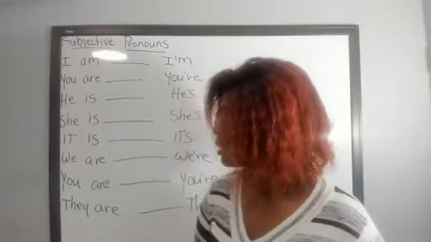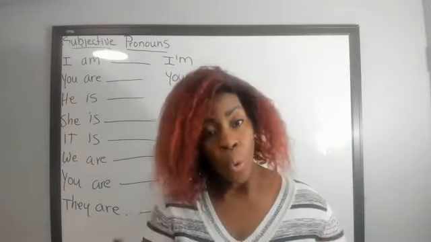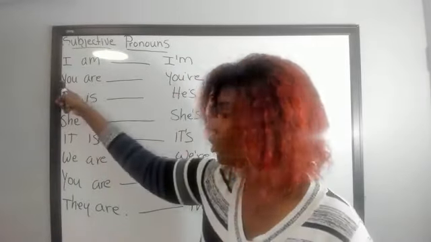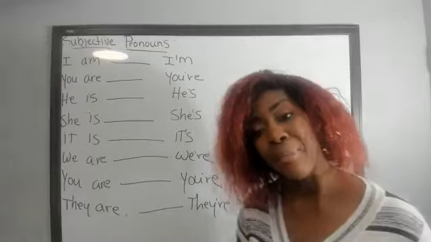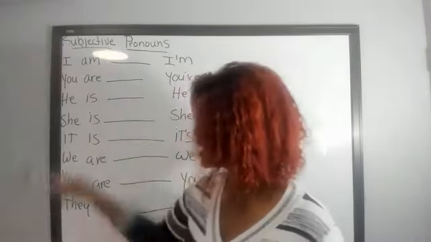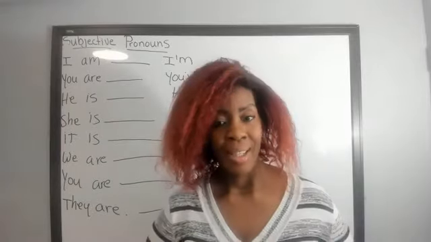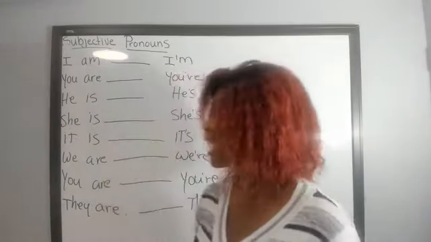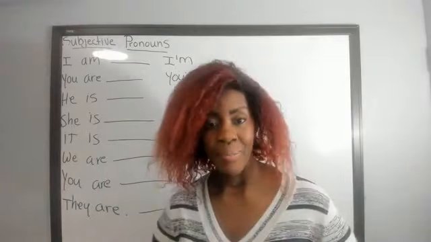If I am talking about myself, I will use I am. If I'm talking about you, I will say you are. If I'm talking about one guy, I will say he is. If I'm talking about one boy, yes, I'll say he is.